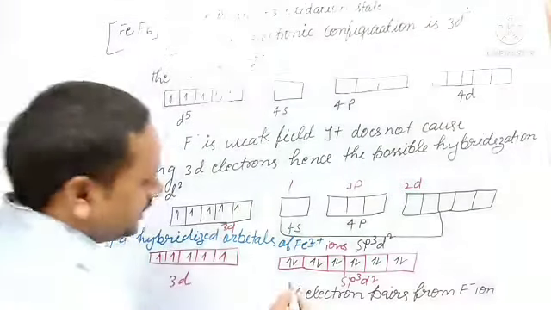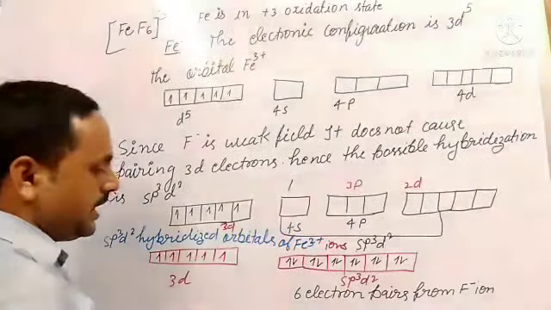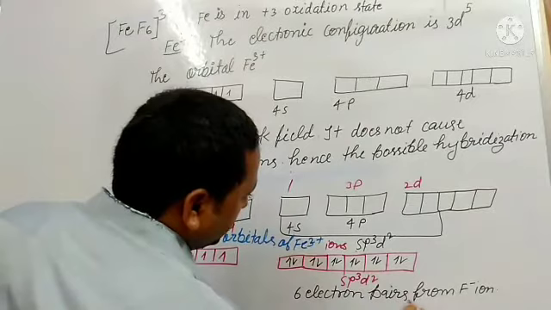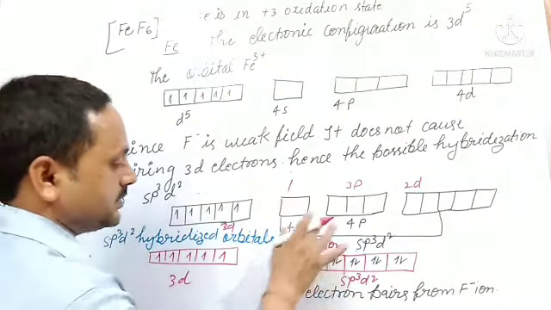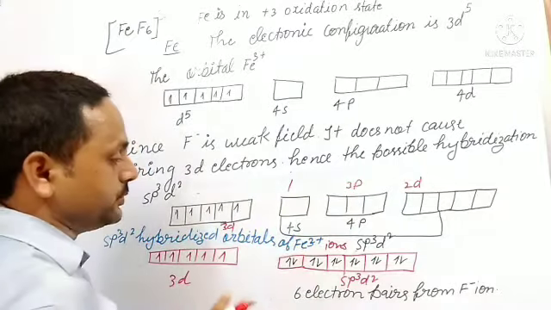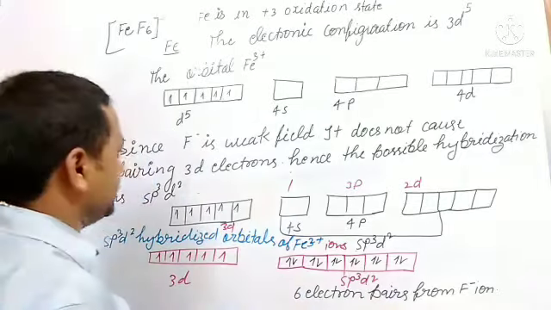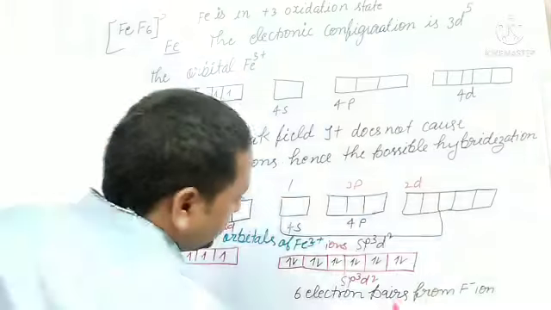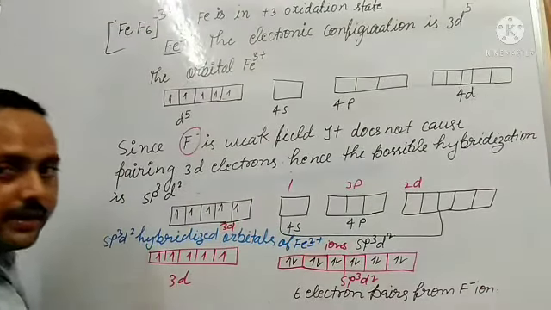And here 6 sp3d2 hybridized orbitals, 6 electron pairs from ligands. Means these sp3d2 hybridized orbitals don't have electrons. Electrons are given by the ligand. So we can write 6 electron pairs from the ligands.